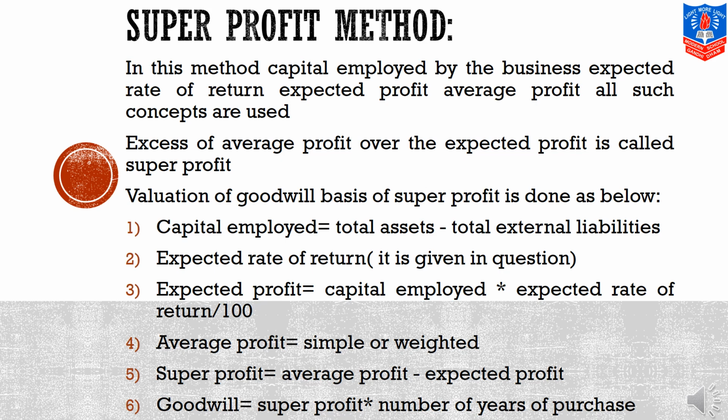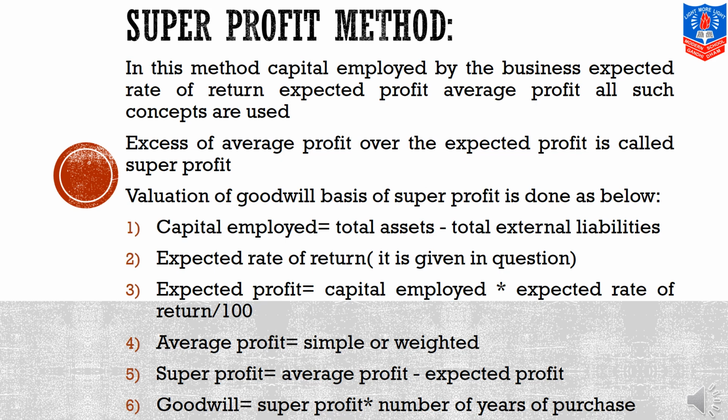Step 1, capital employed, that is total assets minus total liabilities. Second step, expected rate of return, always given in the question. Third, expected profit, that is capital employed multiplied by expected rate of return. Step 4, average profit, that we have already learned, whether simple or weighted depends upon the information given in the question.